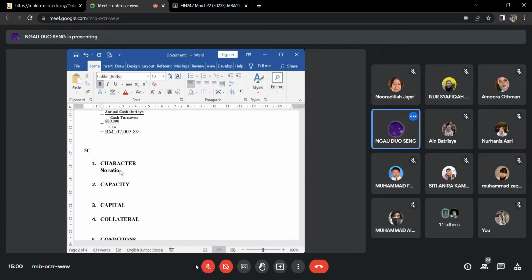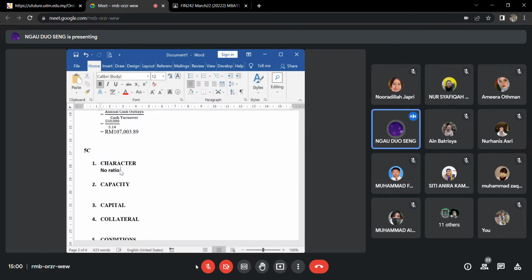Sebab kita the 5C adalah ask you to what? Minta pelajar untuk analyze whether the company adalah bagus atau tidak, sebab you nak buat keputusan sama ada nak bagi pinjam atau tidak.